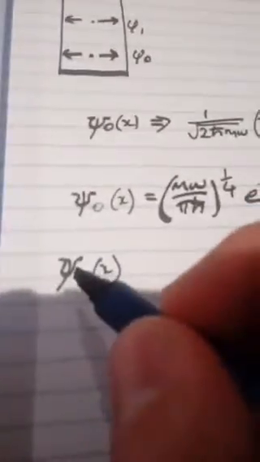Psi n of x, that means n is basically any number you want, the level of excited state.